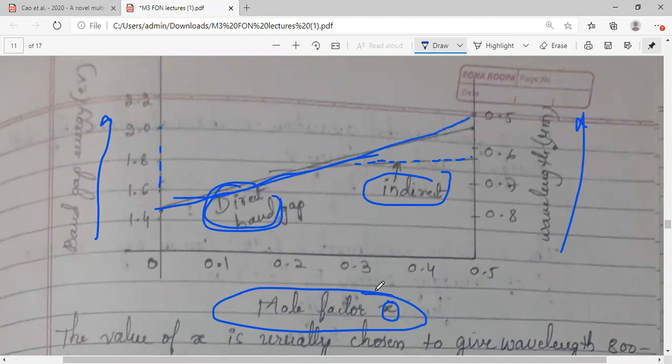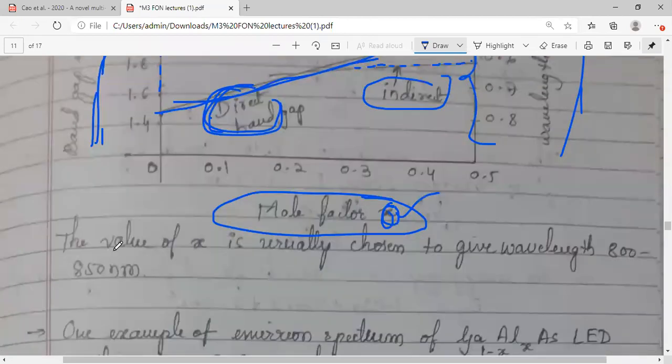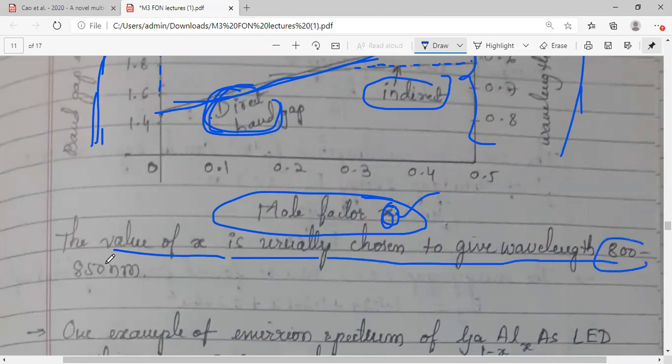You can see this mole factor X is giving the band gap energy, which will be the barrier in between the conduction and the valence band. In turn, it is giving you the operating wavelength. So by choosing X wisely, you can have the required band gap and the wavelength. The value of X is usually chosen based on our requirement, around 800 to 900 nanometer.